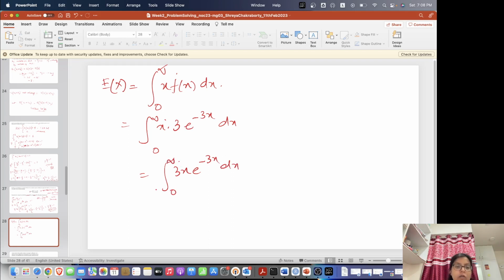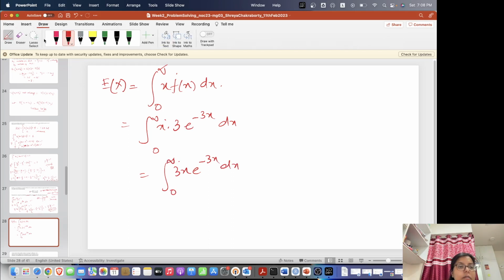So 3 we can take out. So if you remember the rule, integration of u into v, solving this is nothing but this thing.